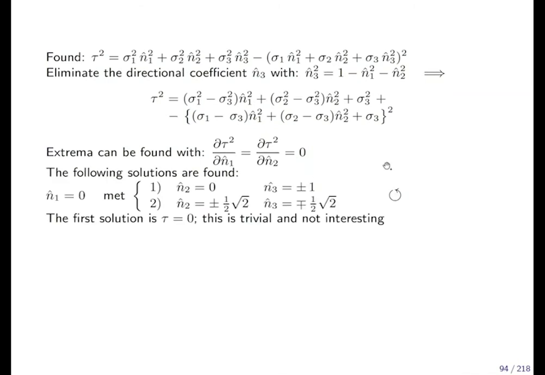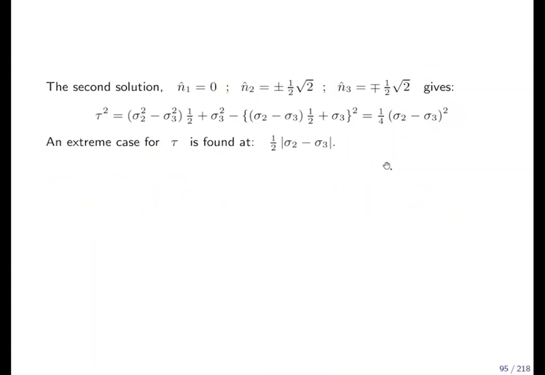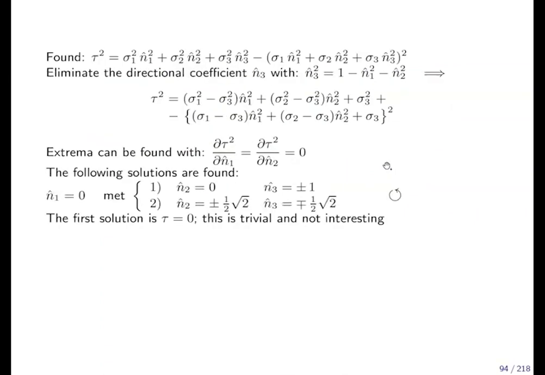Again, a lot of repetition of mathematics. These are the steps for how to do it, and you will get one solution which corresponds to n1 equals 0. The first solution corresponds to tau equals 0, which is actually not the interesting one.